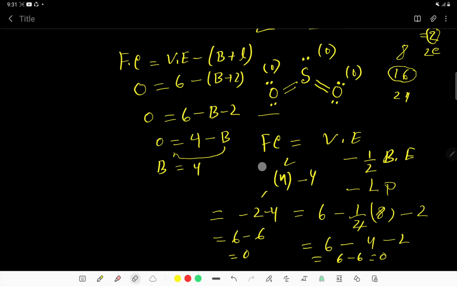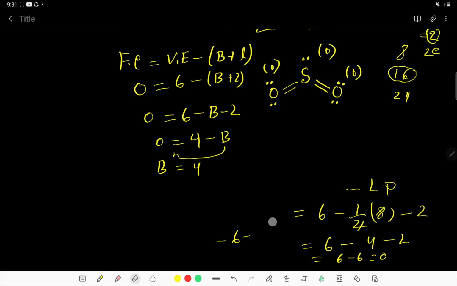Okay. Now let me show you another way to find out the formal charge so that you can be a master. Look, this is the easy way. I'm going to find out the formal charge for this oxygen.